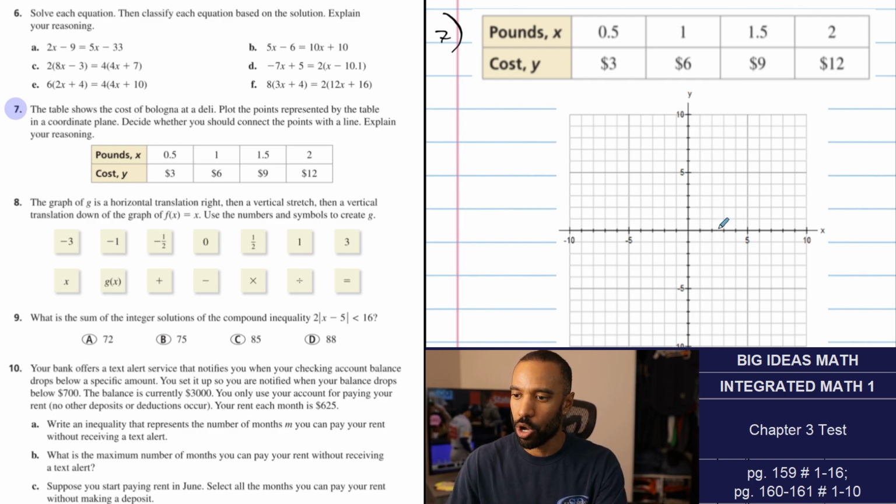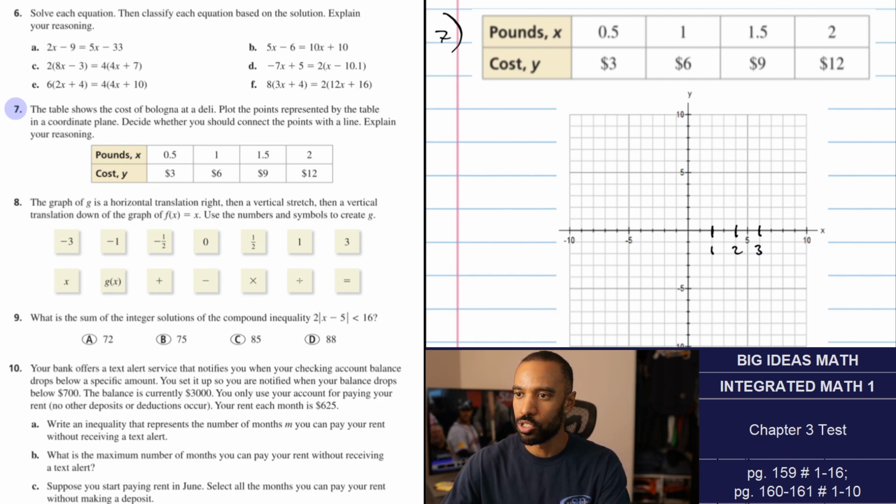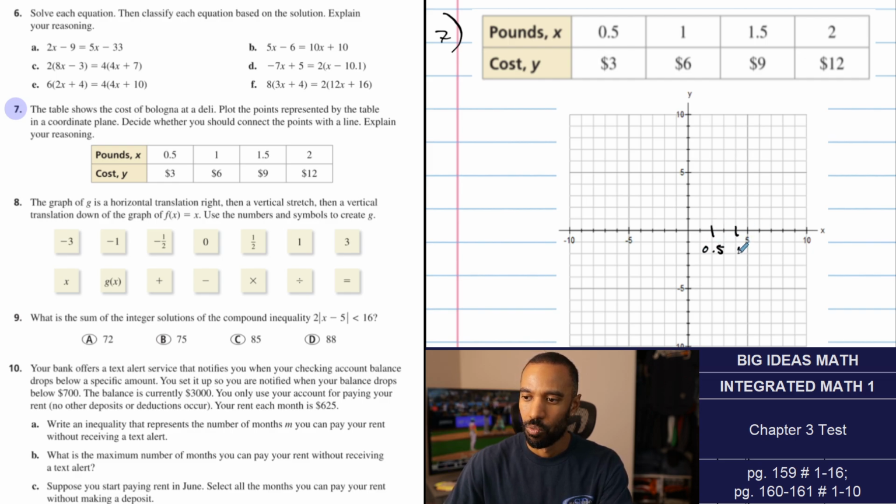Let's go, x's will go by 1s like this. 1, 2, 3. Actually, even more so. Let's really widen this out. 0.5, 1, 1.5, and 2. So every 2 is another 0.5 on there. And then we can really fit these here.